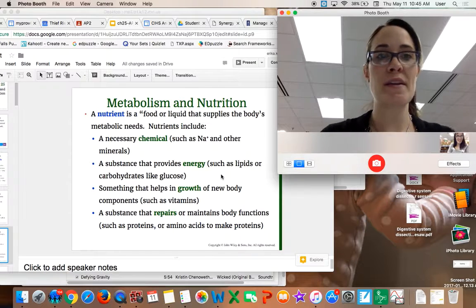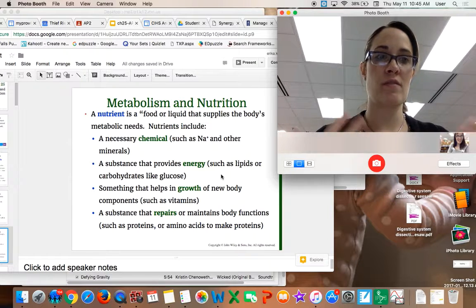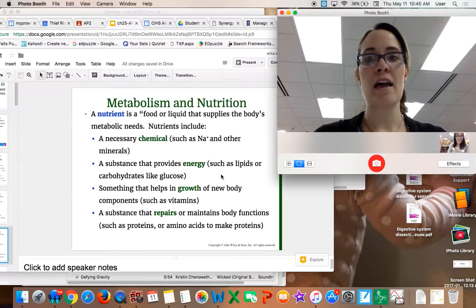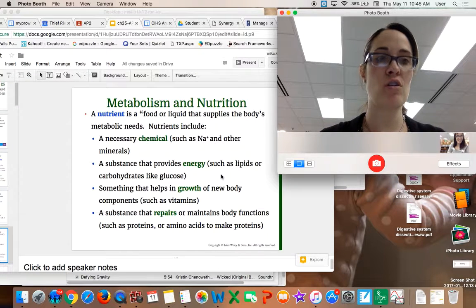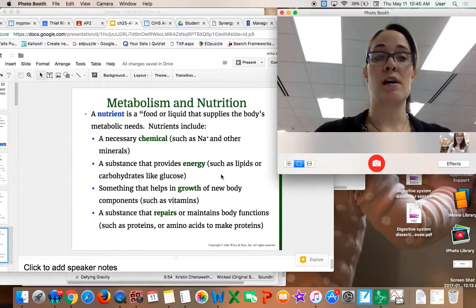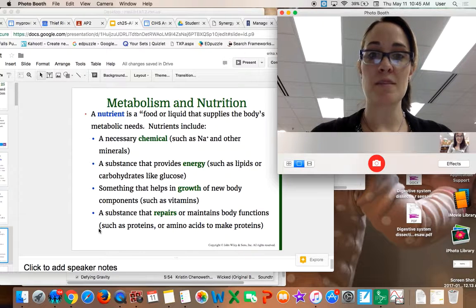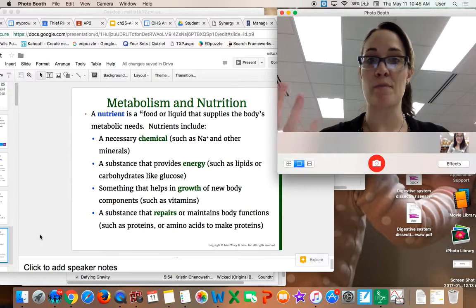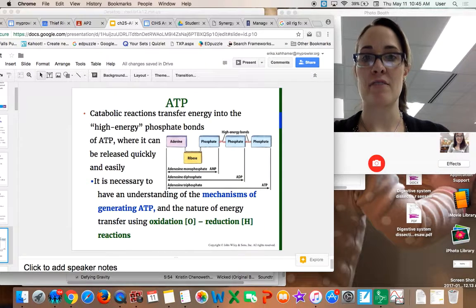The purpose of the glucose, the harvesting, is to have energy to think, to move. And then we need nutrients to grow. Vitamins are especially important to grow when you're young. Proteins, or their subunits, amino acids, are used to repair, build or maintain body functions.